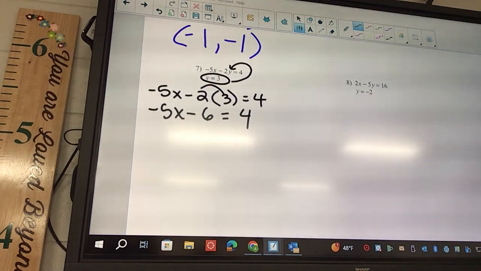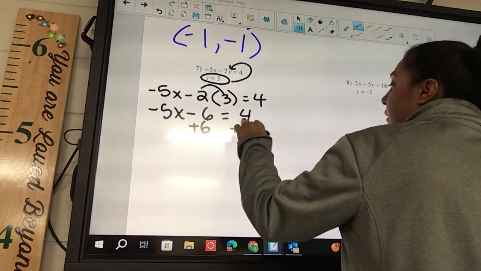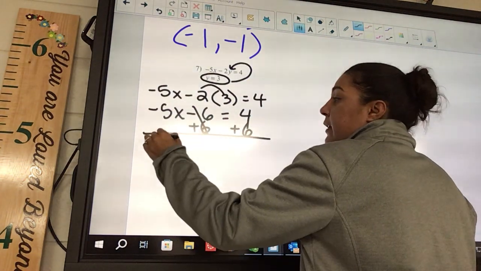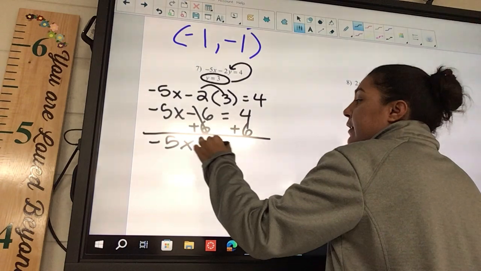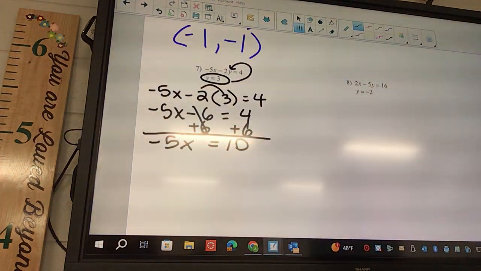Okay, and then what? Okay, and then what needs moved? The 6. So we're going to add 6 to both sides. So I got negative 5x equals 10. Okay, and then what needs done?